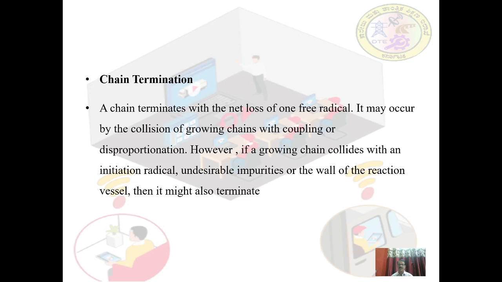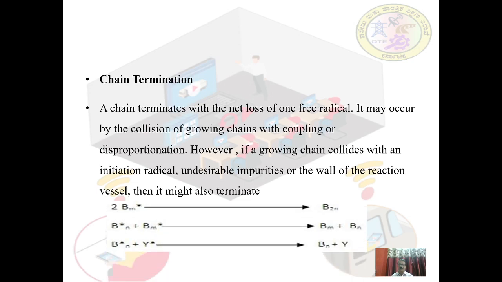However, if a growing chain collides with an initiation radical, undesirable impurities, or the wall of the reaction vessel, then it might also terminate. Termination is stopping of the polymer chain. These are the reactions which can lead to termination of the polymer chain.